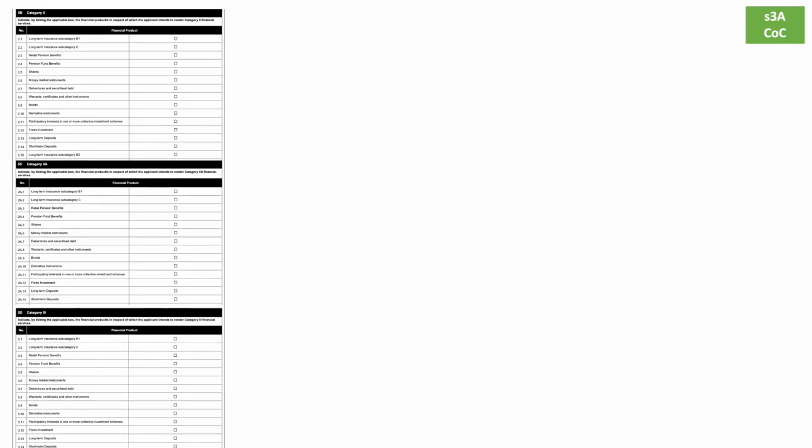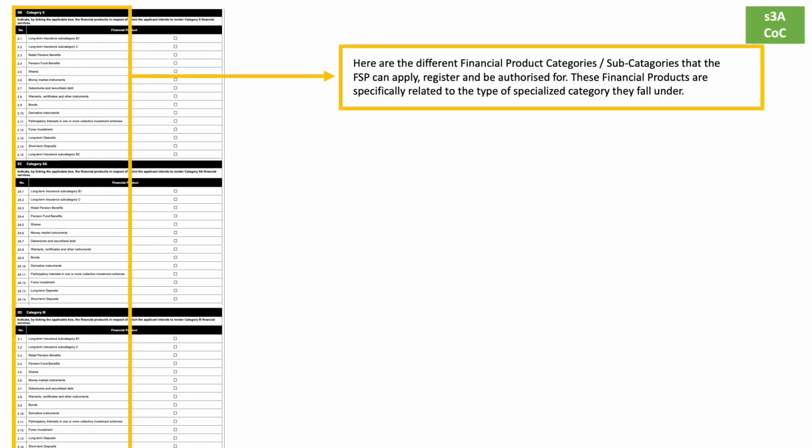Here are the different financial products and or subcategories that an applicant FSP can apply, register, and be authorized for.